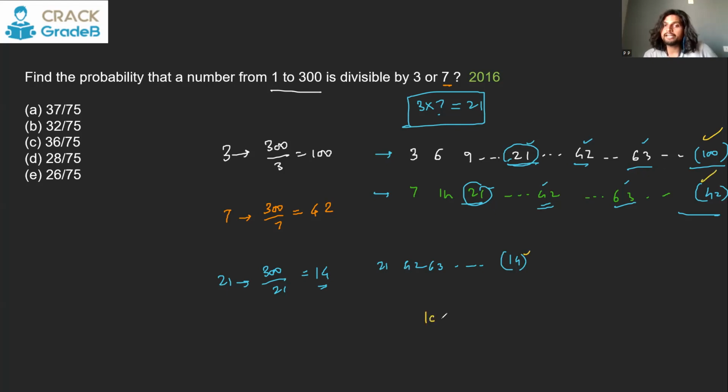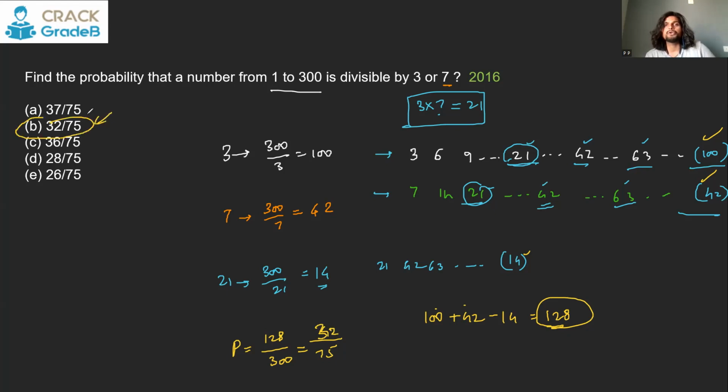There are 100 multiples of 3 and 42 multiples of 7, minus 14, so there are 128 favorable cases out of 300. The probability is 128 upon 300, or 32 upon 75. Option B will be the answer.